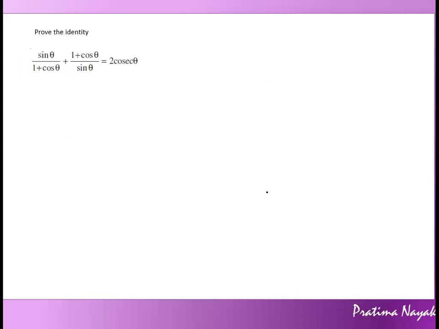Now I am doing some questions from exemplar problems. A similar question is also in the textbook. Only this needs simplification, because sine and cos are there, no need of converting. Take the LCM, 1 plus cos theta into sine theta. Multiply sine theta into sine theta, you get sine square theta.